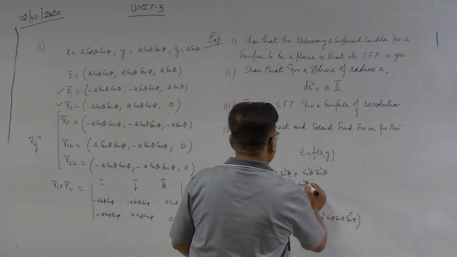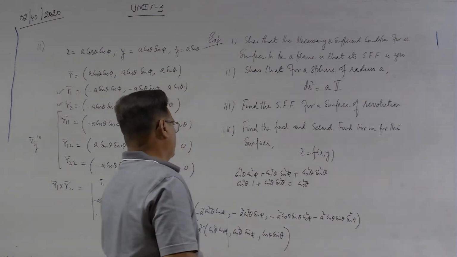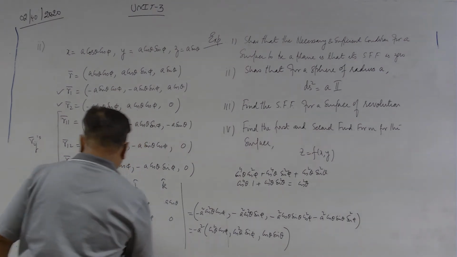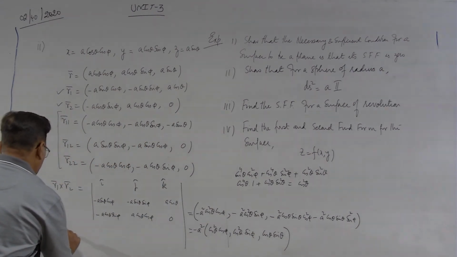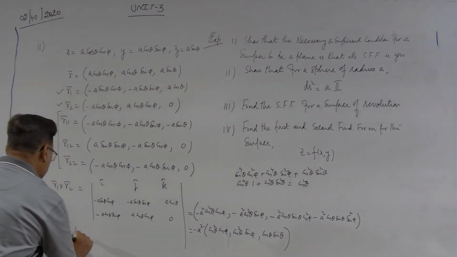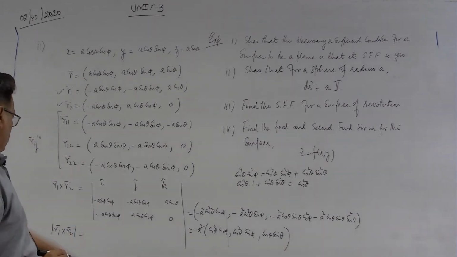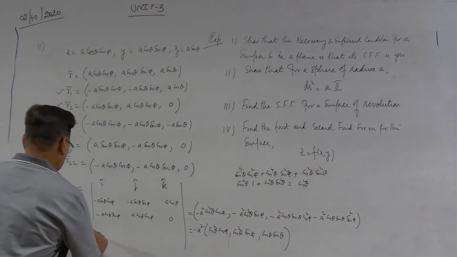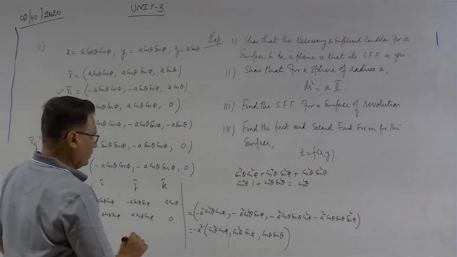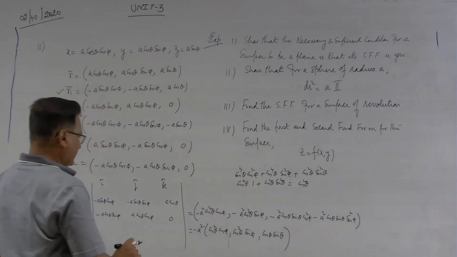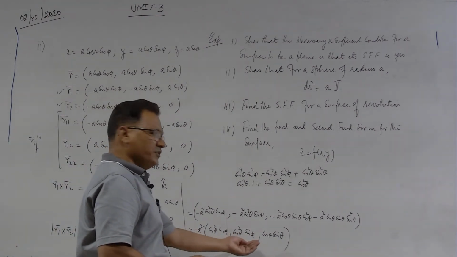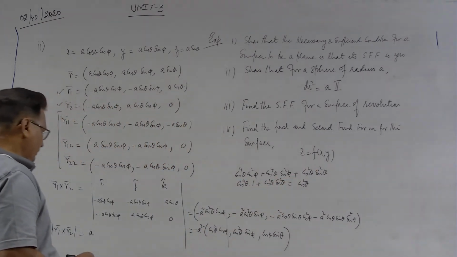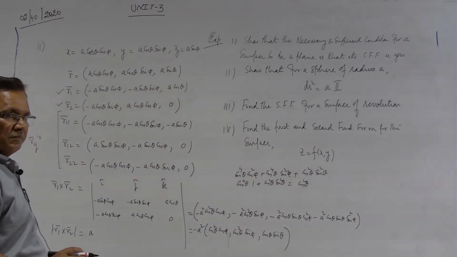So, cos square theta is common. So, this is just 1. So, mod of R1 cross R2 is nothing but a square. So, this is just a. No, this is in fact mod a square. Square. Okay.